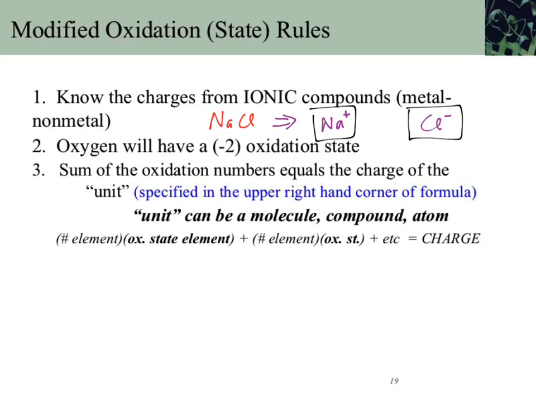Rule number 2, oxygen will always have a -2 oxidation state. Is that always true? No. There are 2 exceptions. And we'll look at those exceptions. O2, H2O2. What is the oxidation state of oxygen in O2?